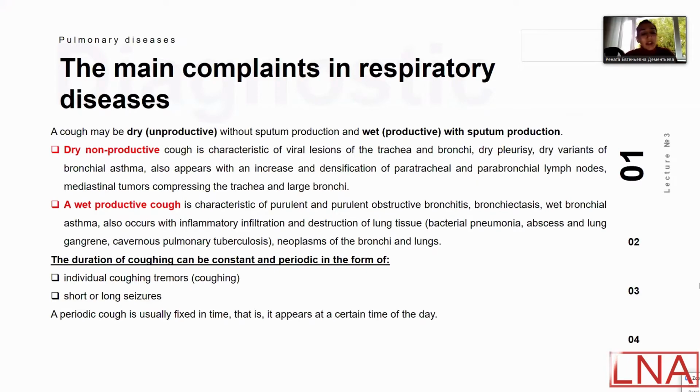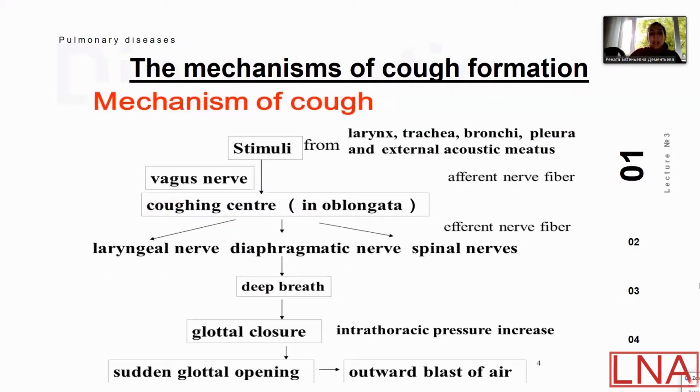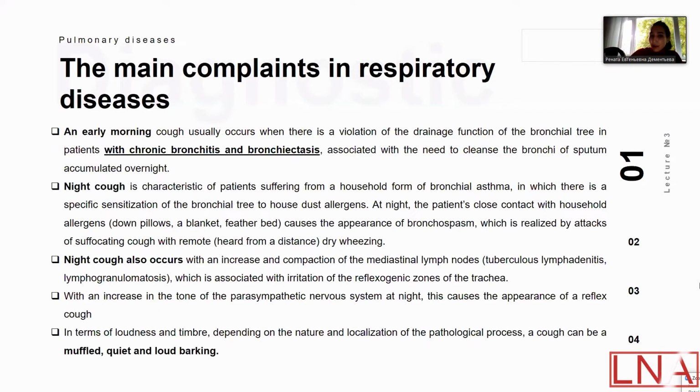A periodic cough is usually fixed in time, that is, it appears at a certain time of the day. Duration of coughing, characteristic of coughing, mechanism of formation of coughing, wet and dry, duration of coughing. Next, the moment of the cough.